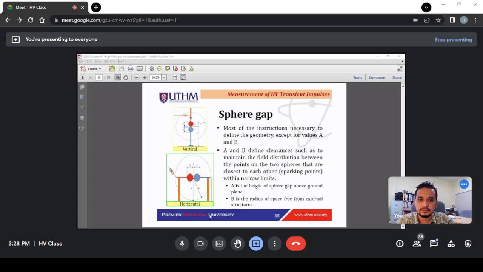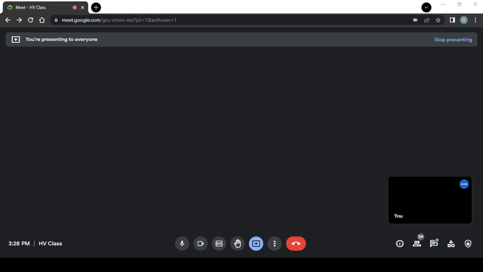To summarize, this is the measurements. How we measure, as I mentioned before, whatever technique we use, we still need some sort of auxiliary or external devices and equipment to ensure the high voltage value becomes a low voltage value, by using a voltage transformer or a voltage divider.